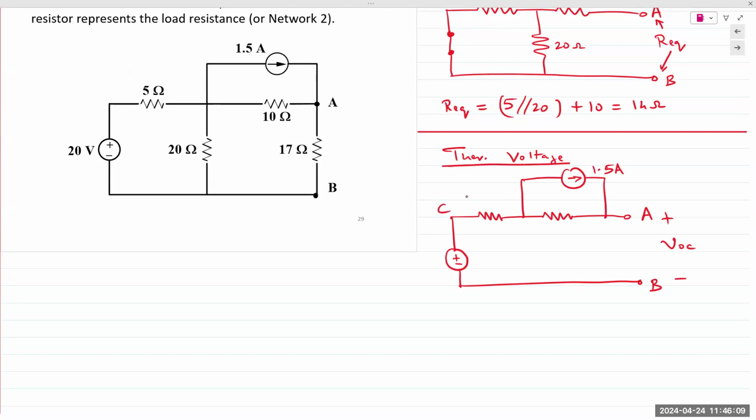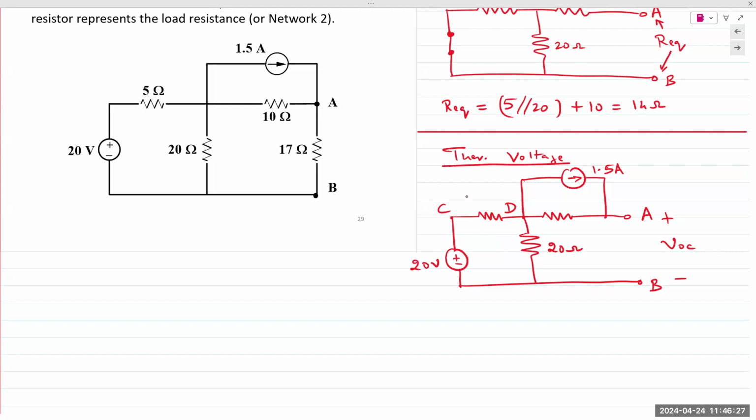This was node C. This was node D. We'll stick with the same convention. And this is 20 ohms, and this is 20 volts. If I count the number of nodes, I have 4: A, B, C, D. Terminals should be open because the problem statement is still the same.